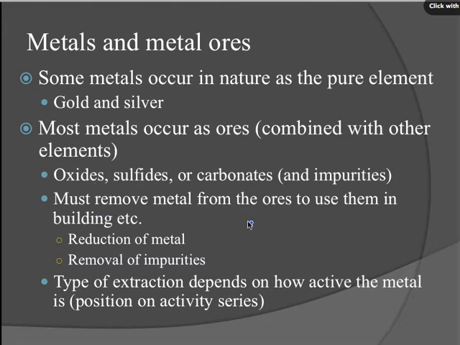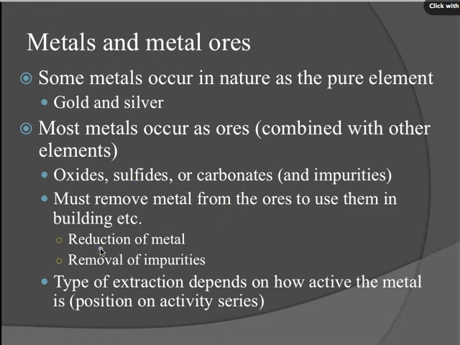In order to use these different metals, and the use of metals in our society is just huge: building buildings, cookware, silverware, braces on teeth. I mean, it's everywhere. All right. So in order to use it, you've got to get the metal separated from the impurities, the oxygen, sulfur, and carbonates.